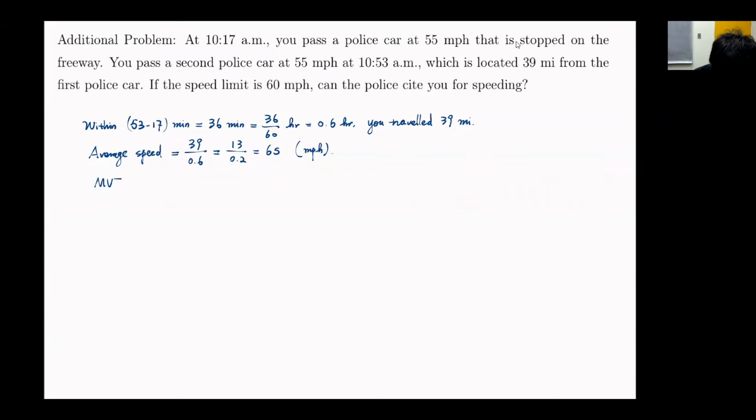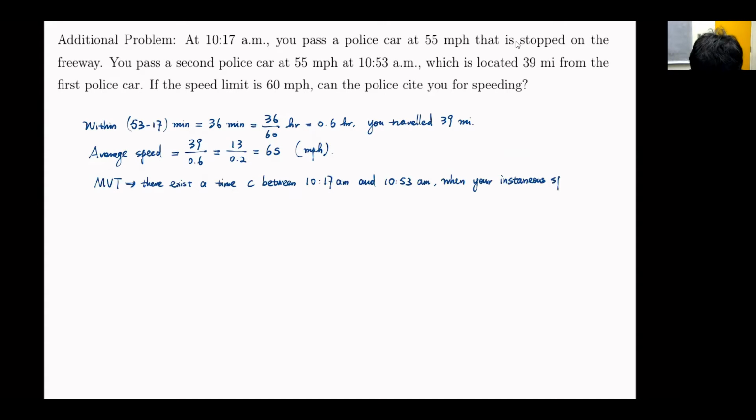So the mean value theorem tells me that there is some c between 10:17 a.m. and 10:53 a.m. when your instantaneous speed is 65 miles per hour.